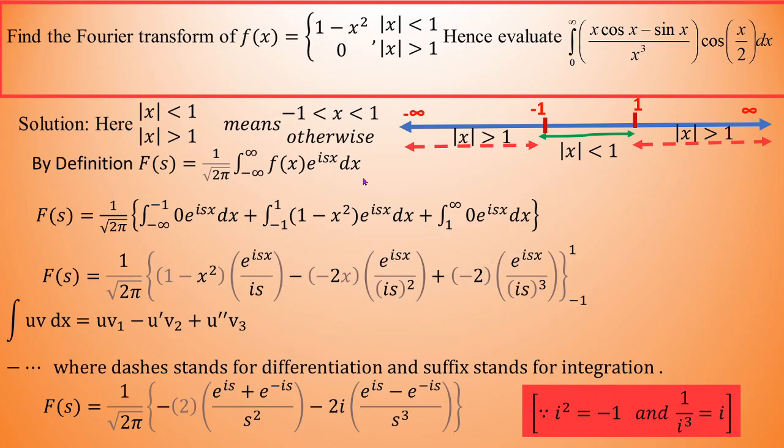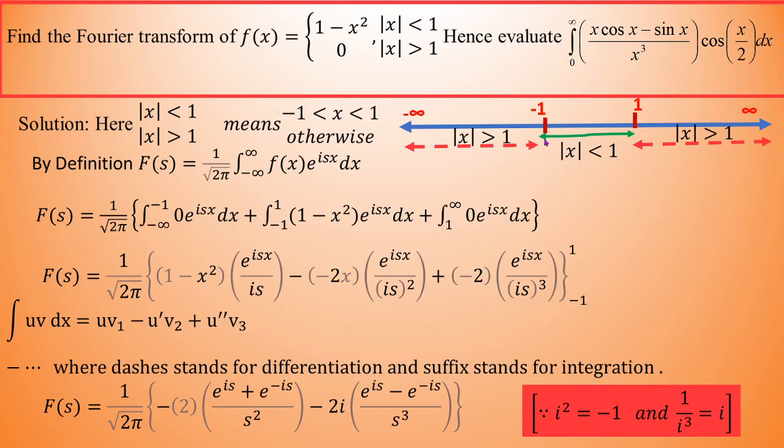So accordingly we will split this interval minus infinity to infinity into 3 subintervals. You can see the 3 subintervals. First is this one shown by this pink dashed arrow. Second is minus 1 to 1 shown by green arrow, and third is 1 to infinity shown by again pink.